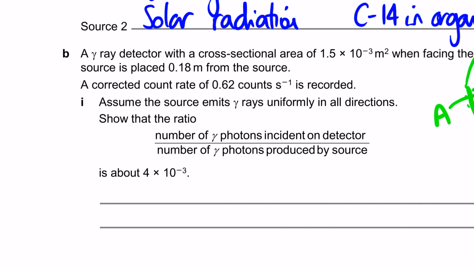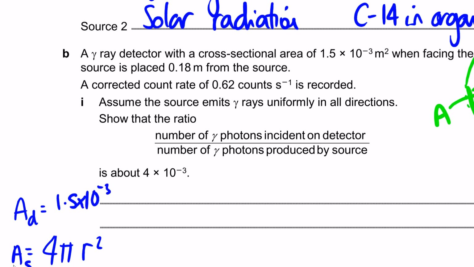The surface area of the sphere will be 4 pi r squared, and the area of the detector will be 1.5 times 10 to the minus 3 meters squared.